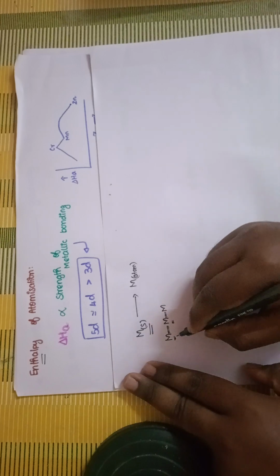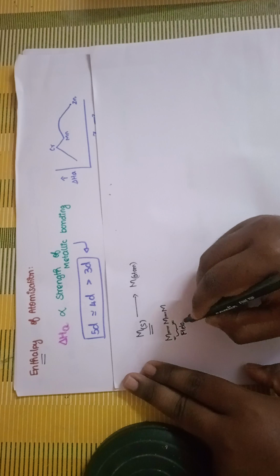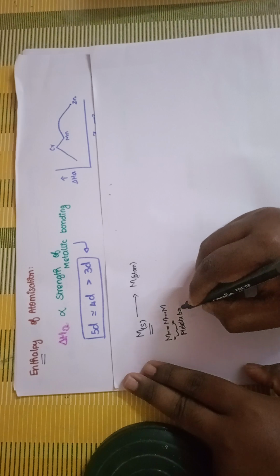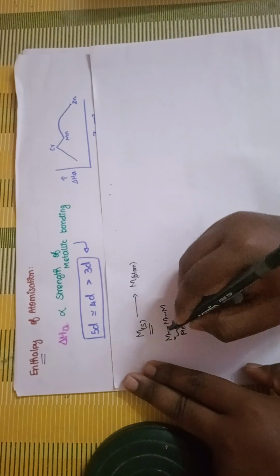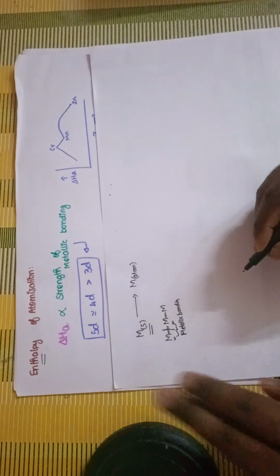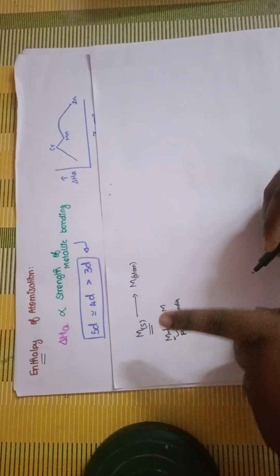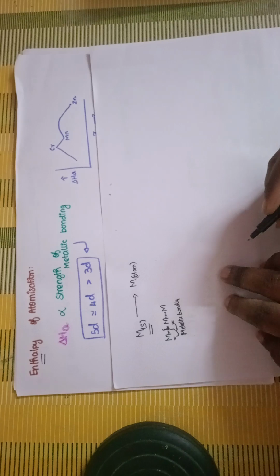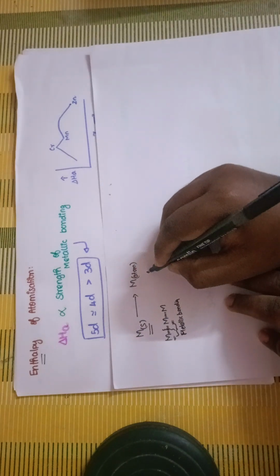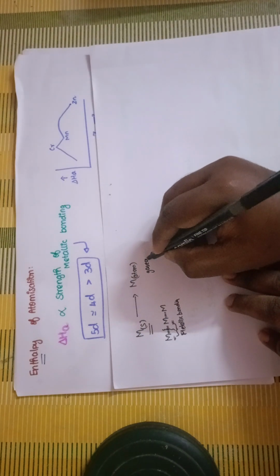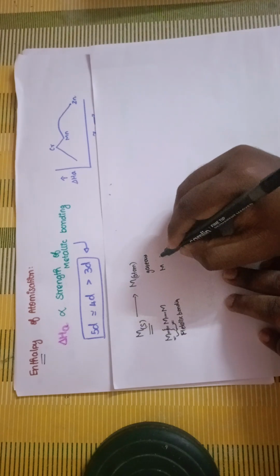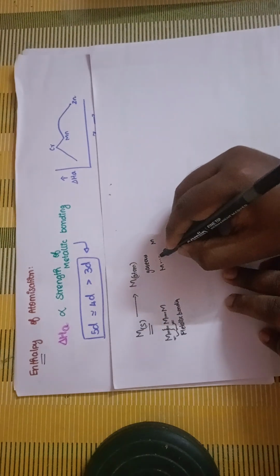That force of attraction between the metals is known as metallic bonding. We are giving energy to break this force of attraction, and we are converting metal solid into metal atom in gaseous state. In gaseous state there will be very negligible force of attraction between metal atoms.